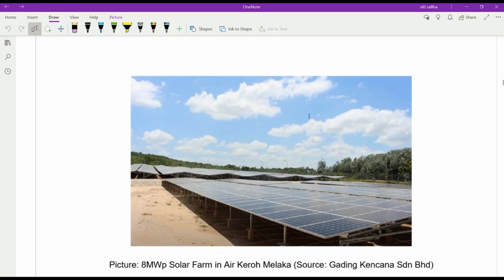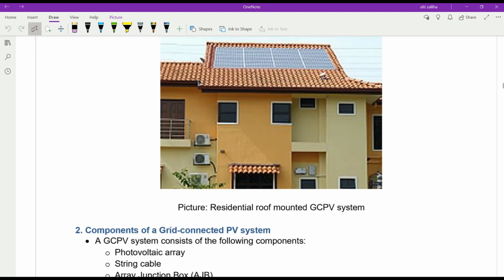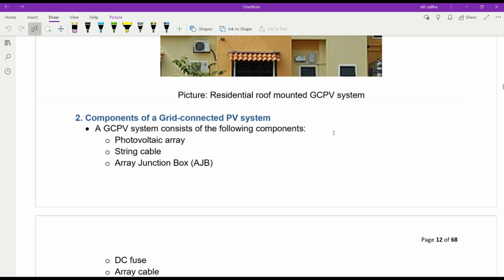So here is a picture of a solar farm in Aikroh, Melaka, which is 8 megawatt peak. So the shape of the PV array is A shape, facing north and facing south. So this is an example of the components that we need in the GCPV system.